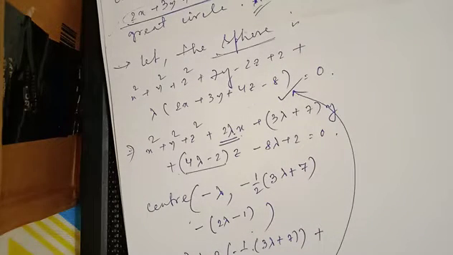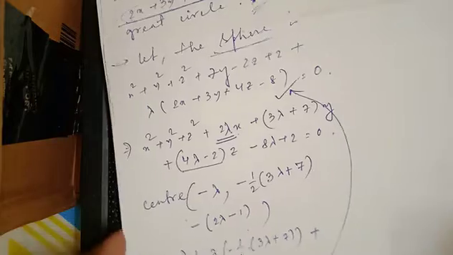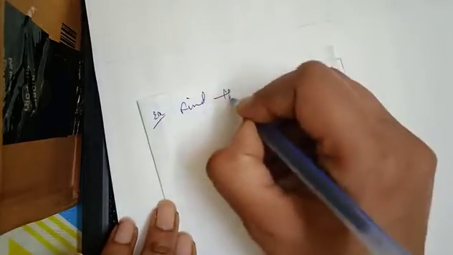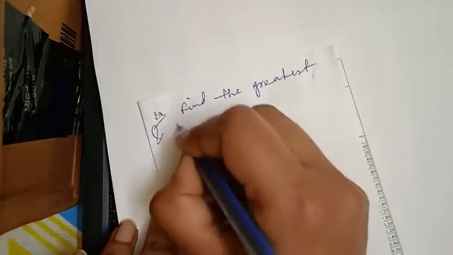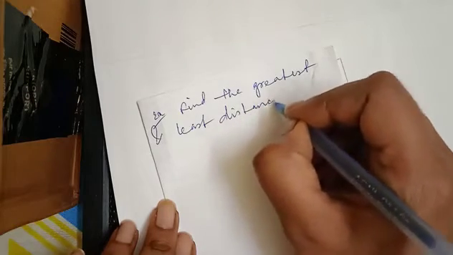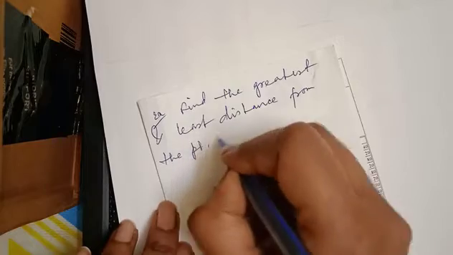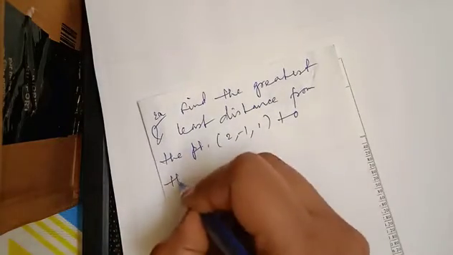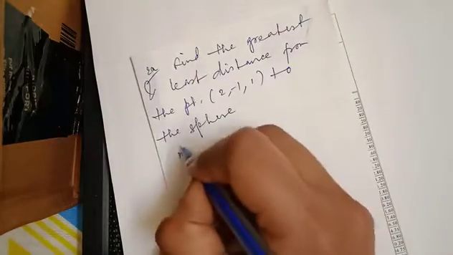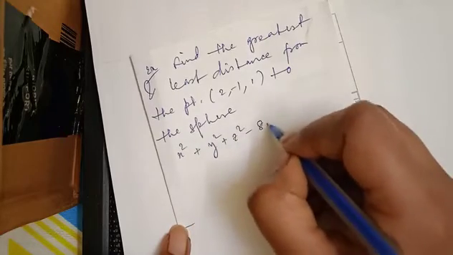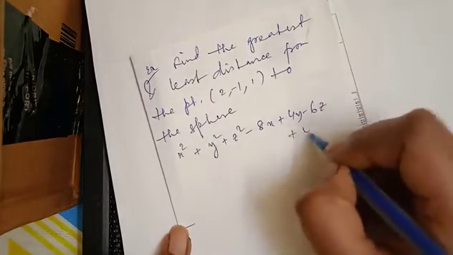Next we have another example. Find the greatest and least distance from the point (2, minus 1, 1) to the sphere x square plus y square plus z square minus 8x plus 4y minus 6z plus 4 equals 0.